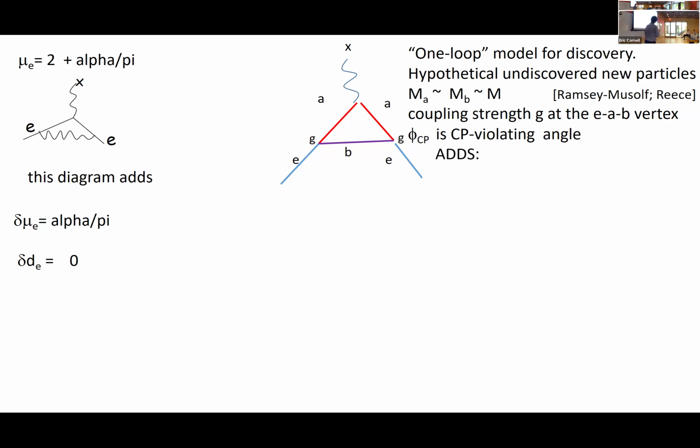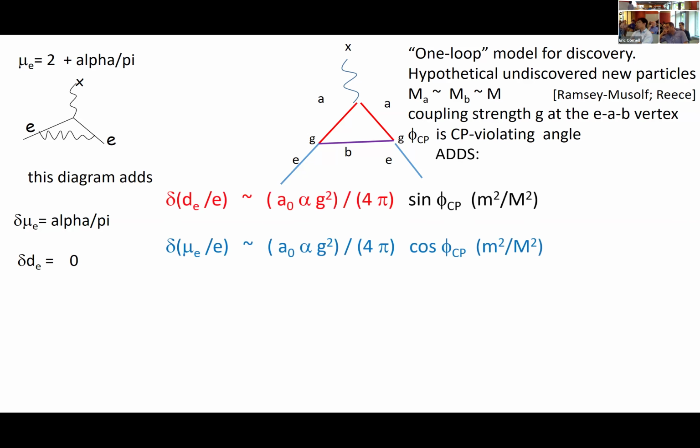And you end up getting something which looks very much like that. If you make the simplifying assumption, this is basically a calculation I got from Matt Reece. It turns out that the calculation gives you exactly the same value, whether you're trying to calculate the electric dipole moment or the magnetic dipole moment. You've got a term of alpha, because after all, this is an interaction with an electric or magnetic field. You've got a scale term, proportional to the mass of your lepton and the mass of these hypothetical particles.